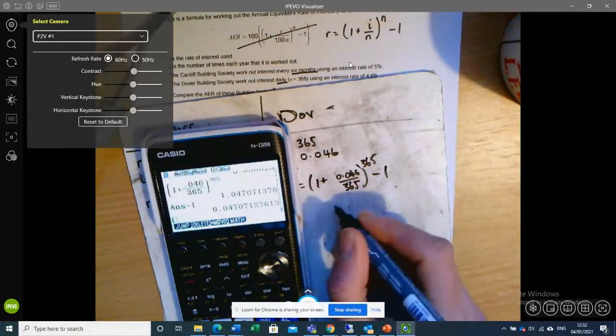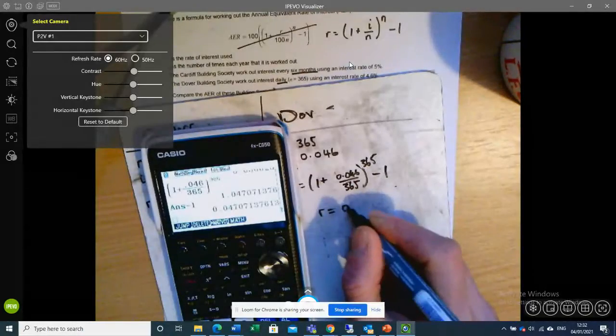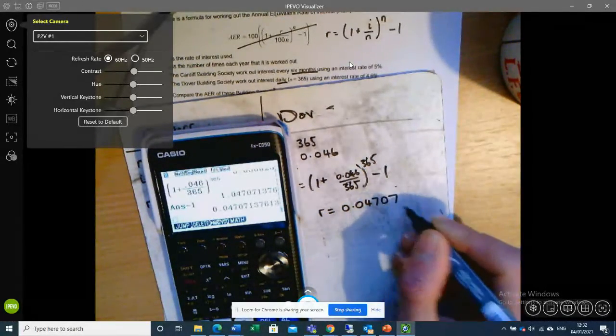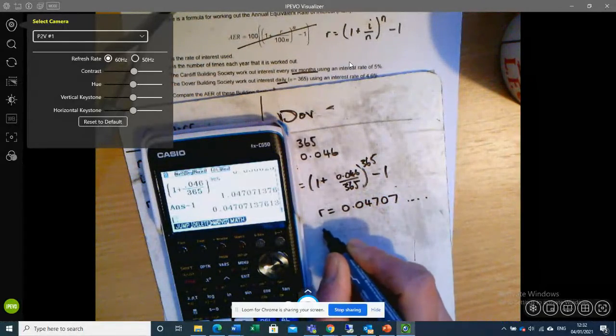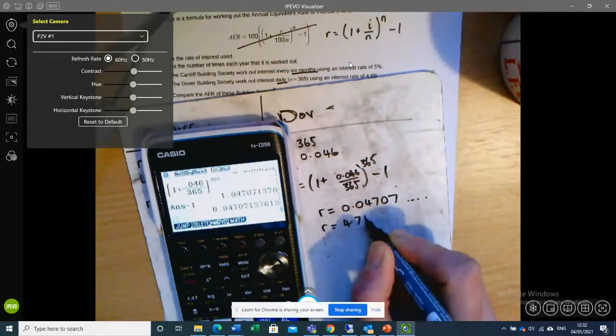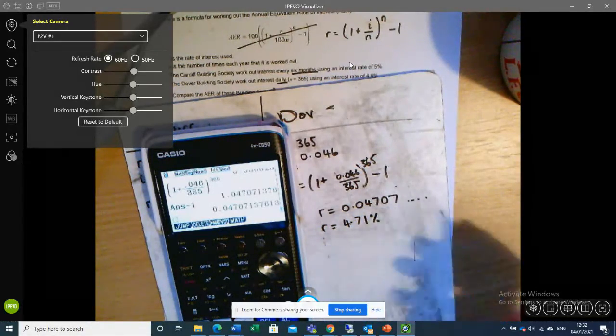So that gives you R as equal to 0.04707, 4.71%.